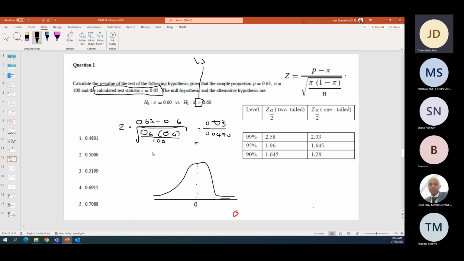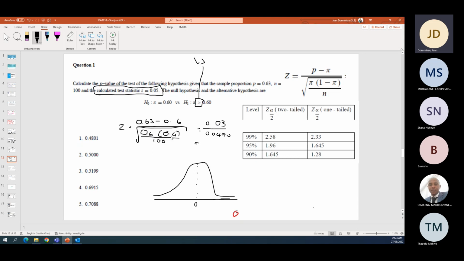So have I done it now correctly? That's strange because that and that answer should be the same. So let me just see where I made a mistake. It is 0.6. That is correct.